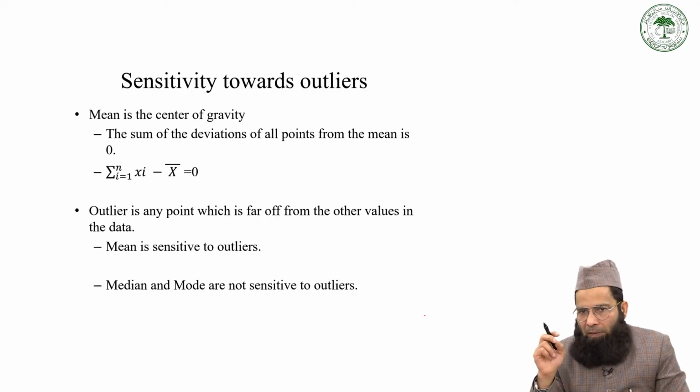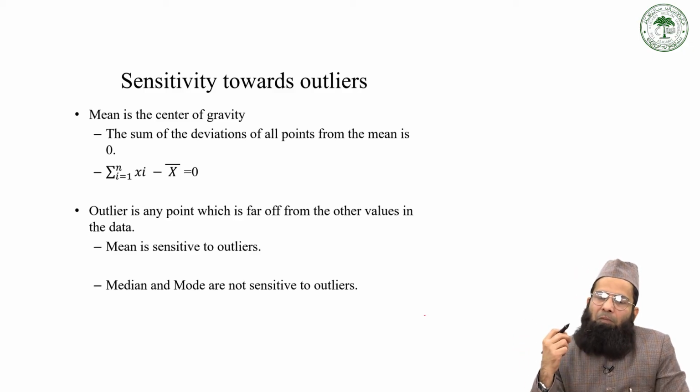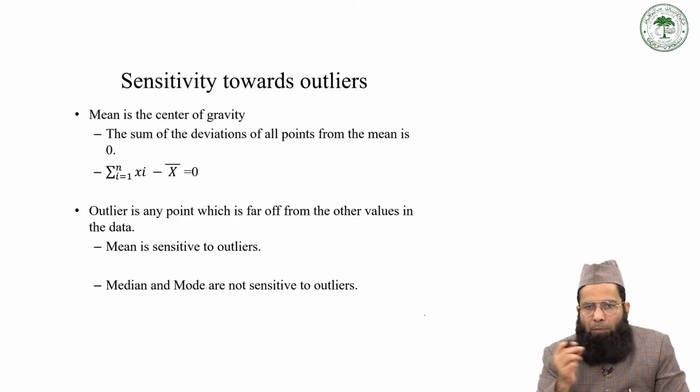And the mode as well, because the mode is the value which occurs most often in the list, the element with the highest occurrences. So the outlier will not affect the median and mode, but the mean is sensitive to outliers.